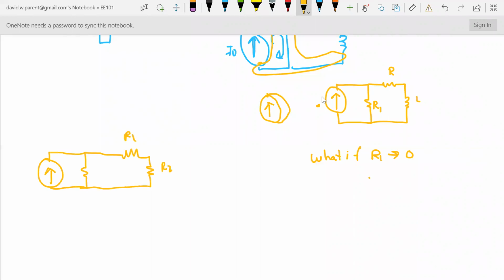R1, R2, R3. These are a parallel combination. So I have R1, R2, R3, and a current source.